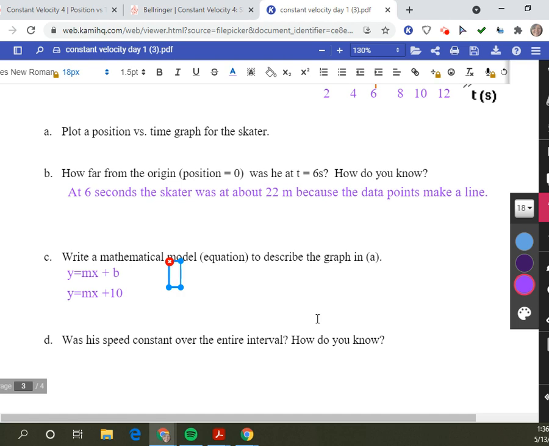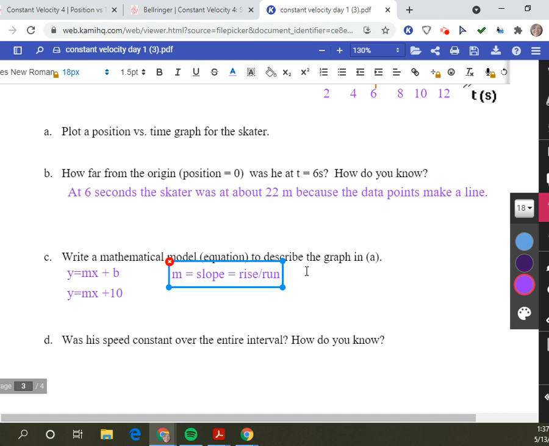So I'm going to put m equals slope equals rise over run. You guys remember that? Give me a thumbs up if you remember the slope business. We got some thumbs up, some sideways, and some people putting their head down. Okay. So rise is the y, run is the x.